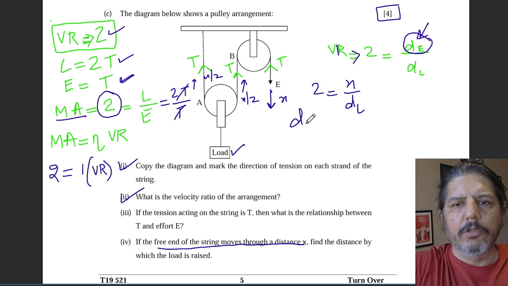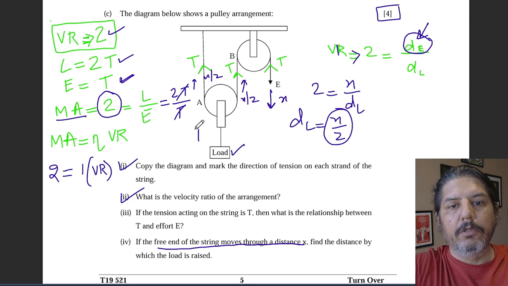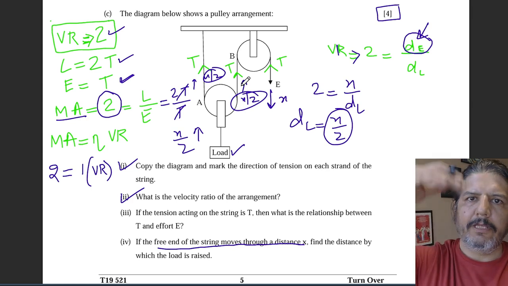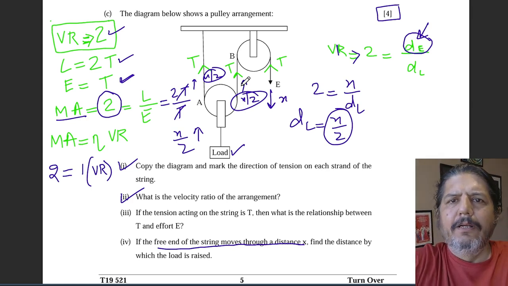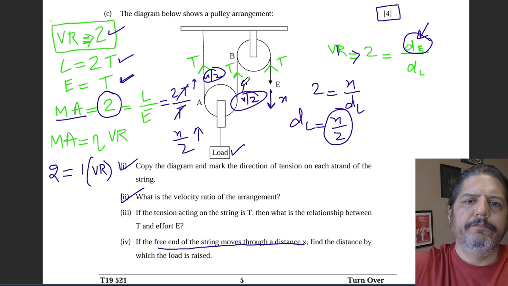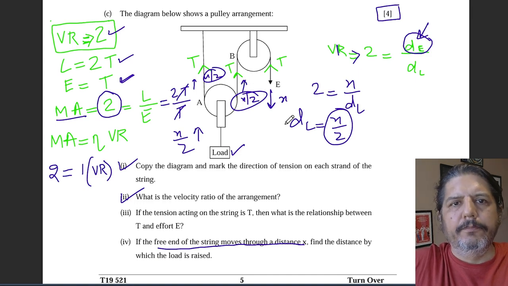And therefore this load will move up by x by 2, because this part of the rope and this part of the rope both will move by x by 2. So logically as well as numerically, you should understand this concept. At times this gets confusing. Let's move to the next question.